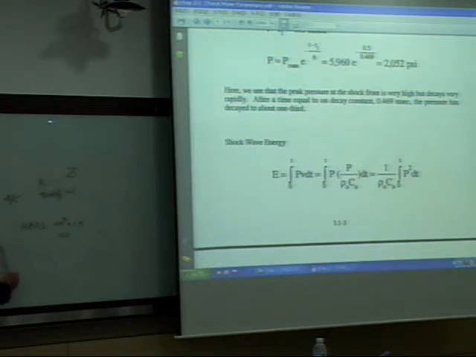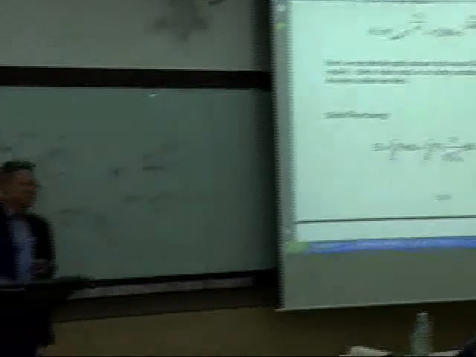This is unit thickness, and the shock area is this. So when you say energy, it's really energy per unit area per unit thickness, which means energy per unit volume.